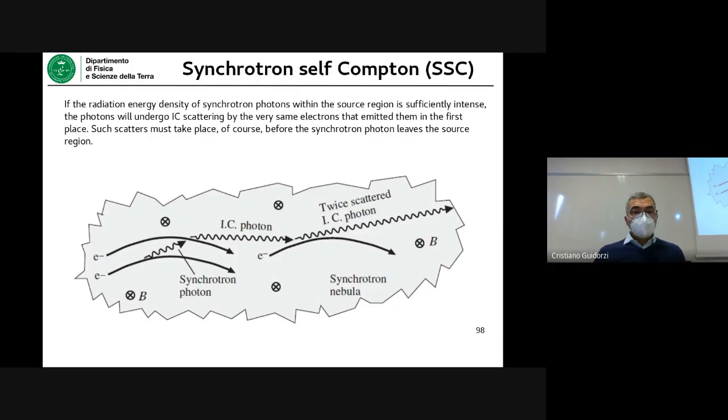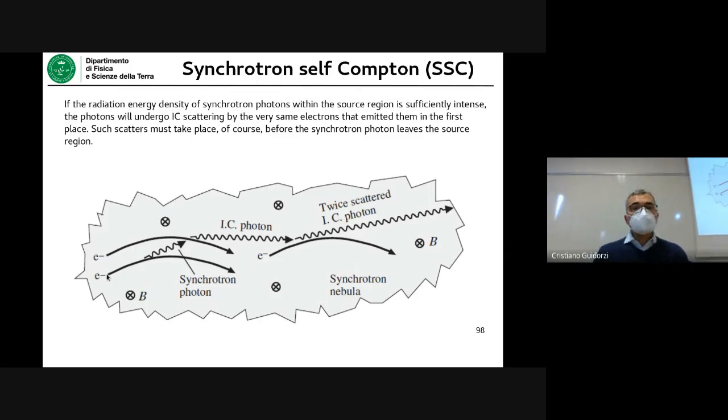You immediately see that you can think of the electrons as having a double role. Electrons, when they emit synchrotron radiation, produce photons.